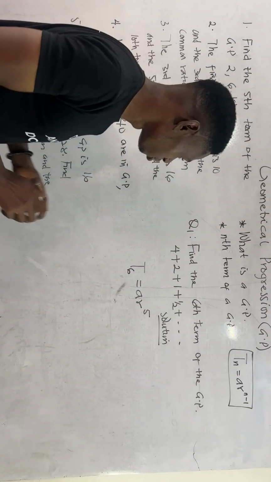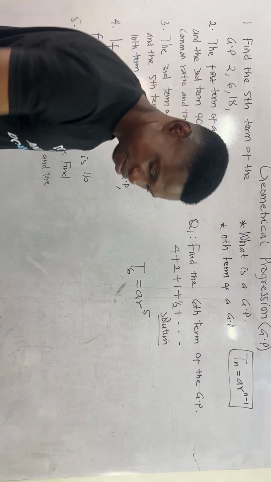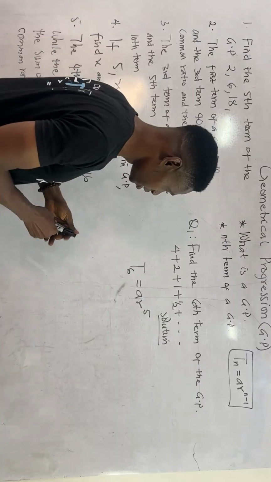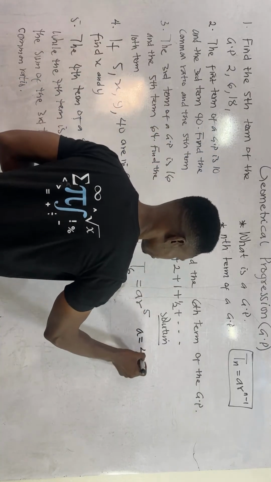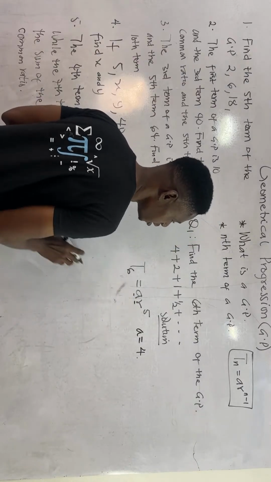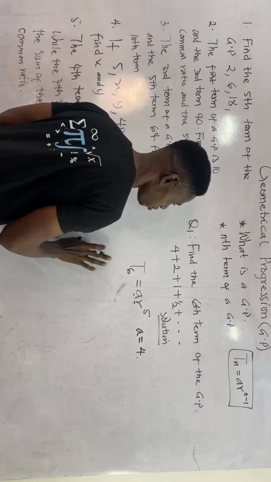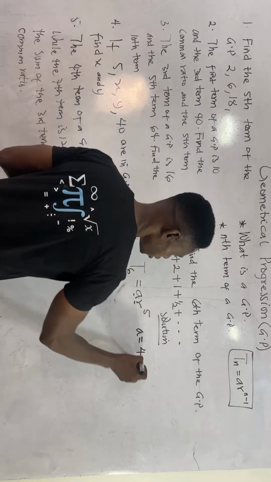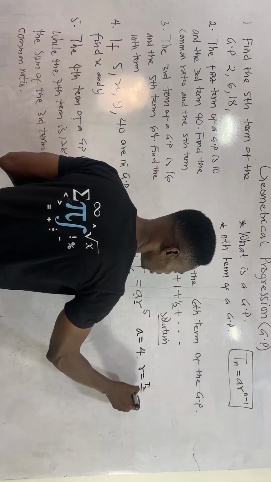We've established this already. Now the thing is, what is our A? Remember, A is the first term, right? So in this case now, our A is 4. So we need A and R to get our T6, isn't it? We know our A, that's obvious for the first term. Now what is our R? Remember, R is T2 over T1.